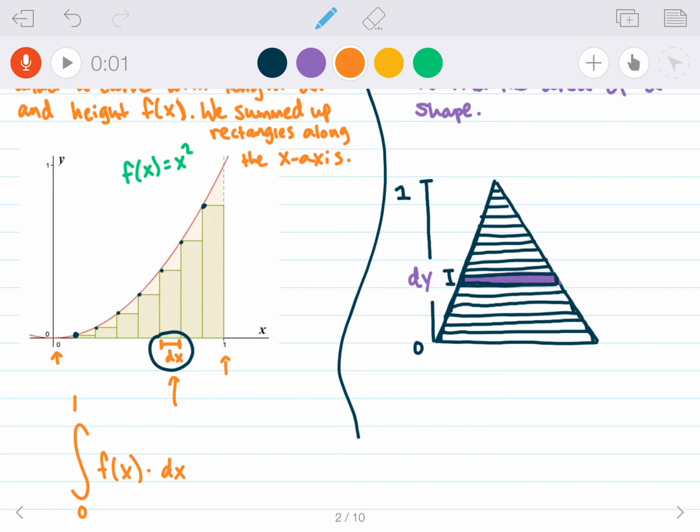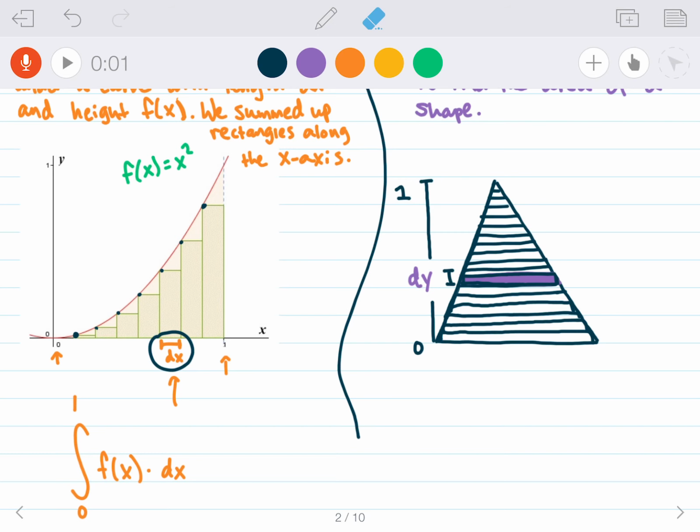Now, who's to say that we can't integrate along another axis? Typically what we did, or what we're still doing actually, is integrating with respect to the x-axis, which means that our dx value, the width of our rectangle, is what's shrinking, right?